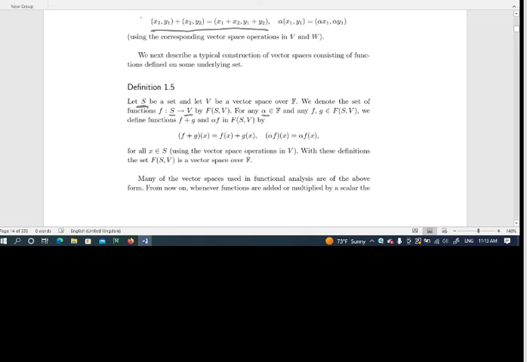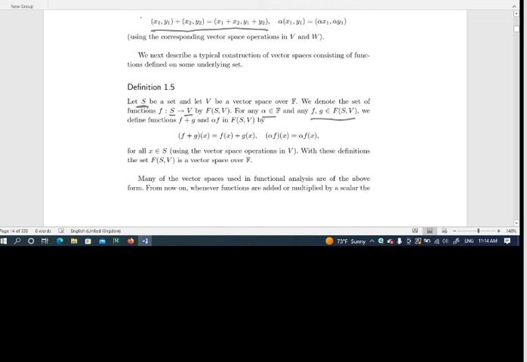For any two functions f and g, and any scalar alpha, we define f plus g and alpha f in F(S, V) by these rules: (f plus g)(x) equals f(x) plus g(x), and (alpha f)(x) equals alpha times f(x).